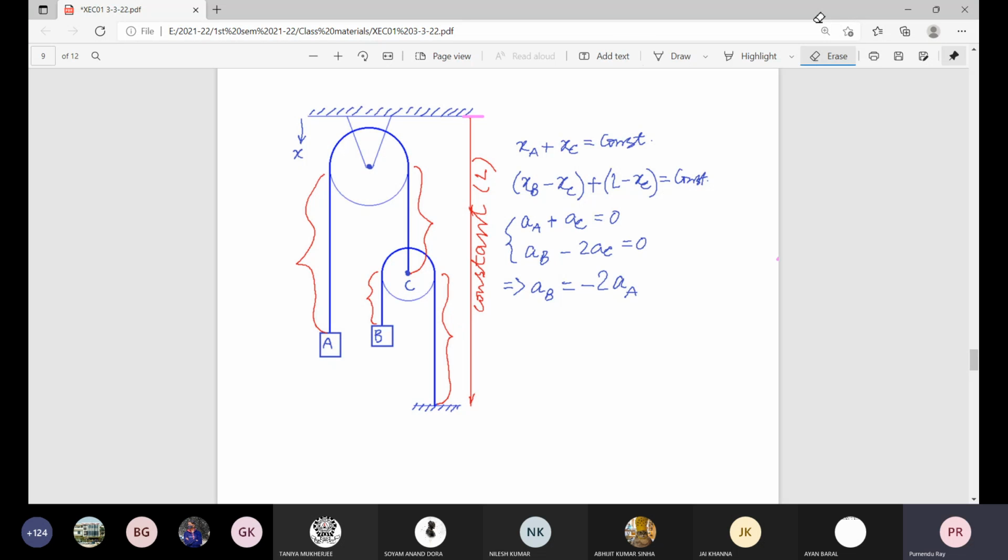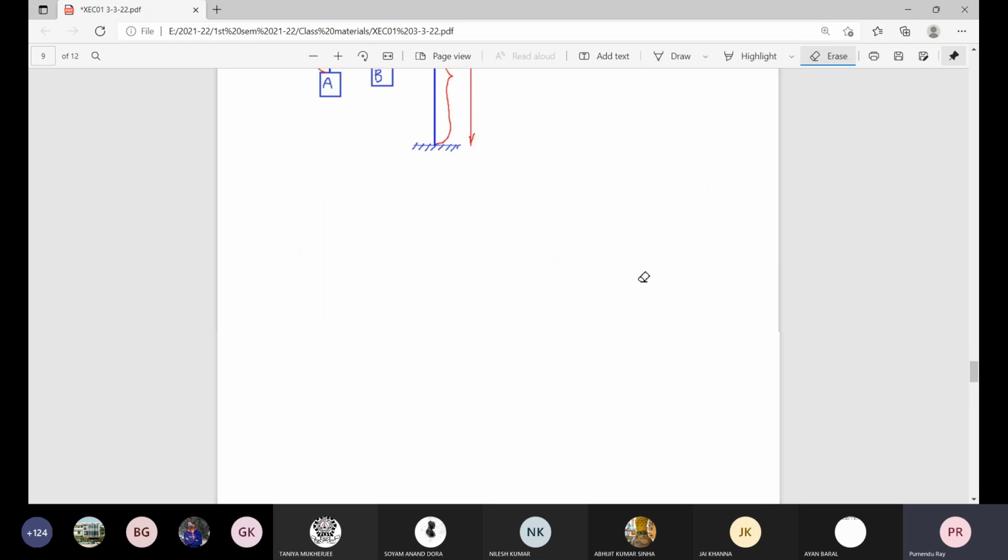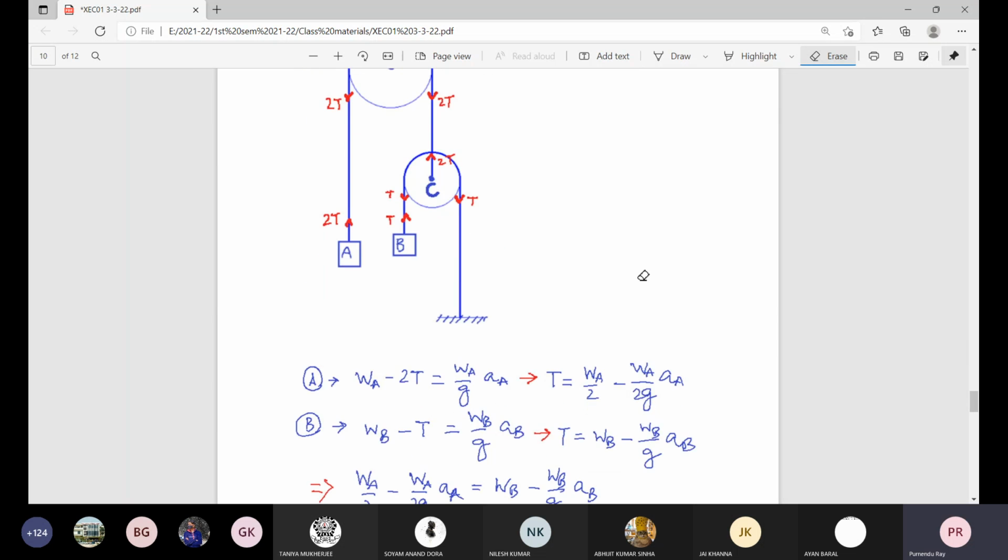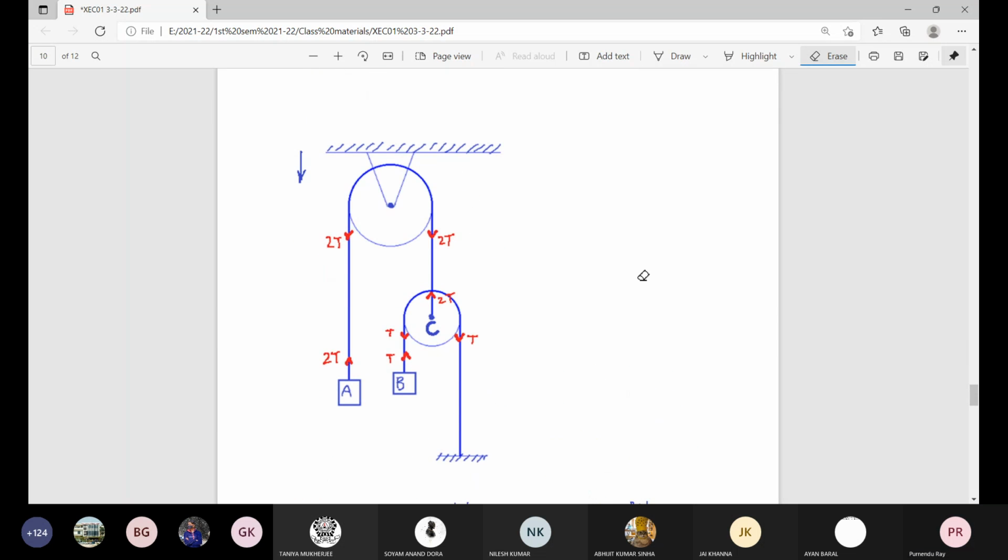parameters. So from these two relations we get acceleration of B and acceleration of A related in this way. AB is equal to minus twice AA. So these are the individual tensions for the different parts.